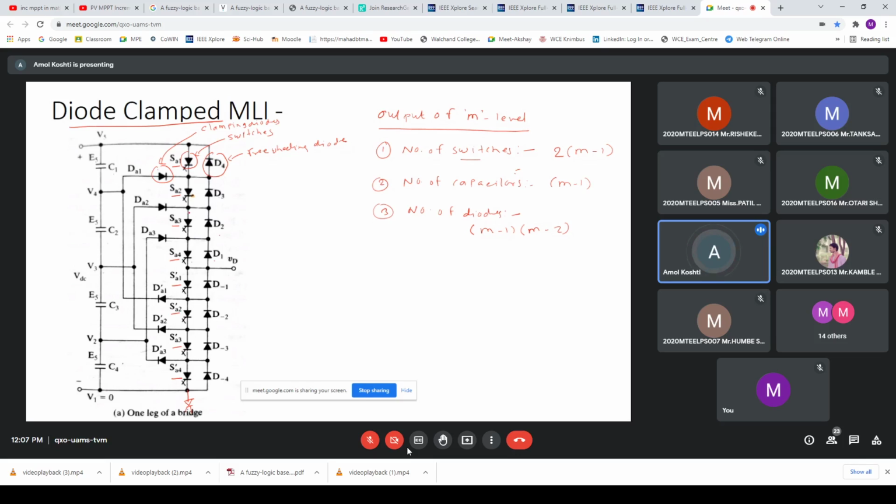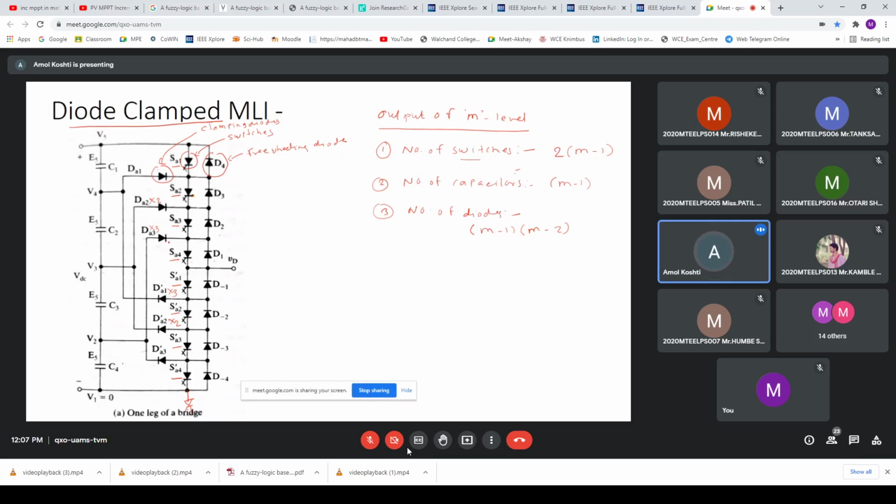Here, to reduce the complexity in the circuitry, only one diode is drawn. Here I will multiply it by 2, here multiply by 3. Multiply means here 2 diodes are there, here 3 diodes are there. Similarly here, one diode is there, here 2 will be there, and here 3 will be there.